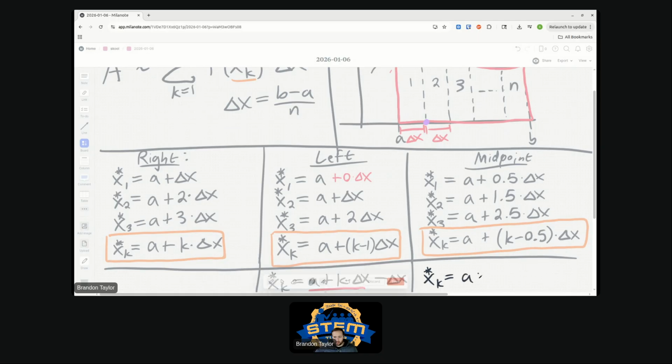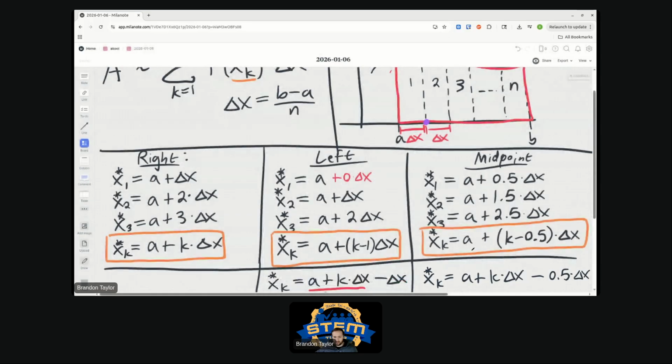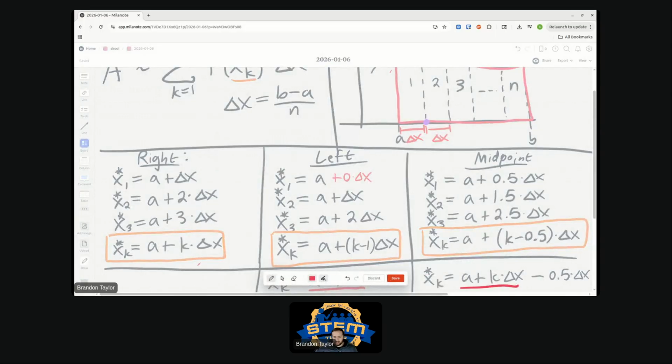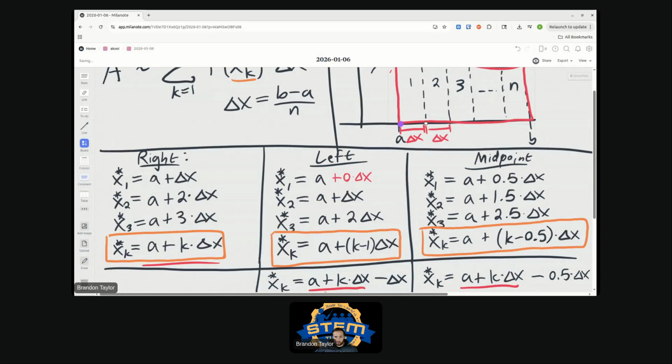If I distribute, I get a plus k delta x minus 0.5 delta x. So in the second partition, if you want to find the midpoint, you find the right Riemann sum and then back up half of the delta x, which makes sense.